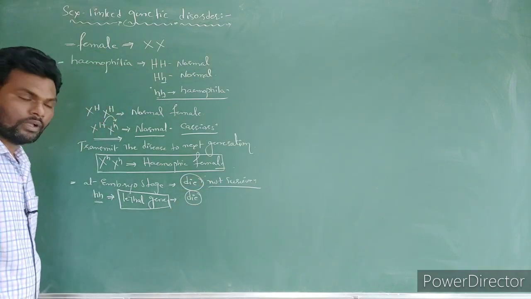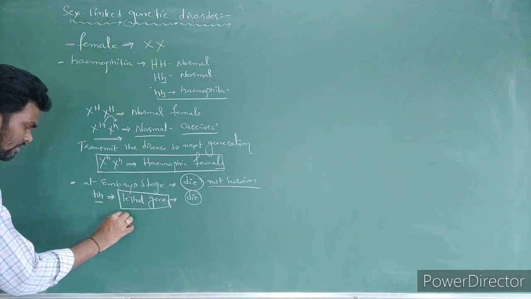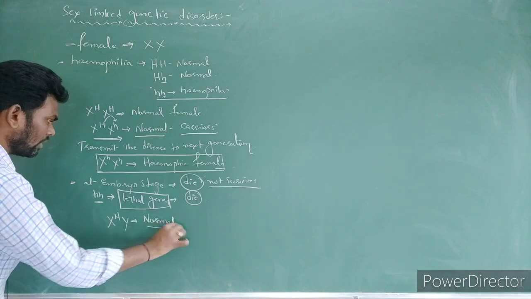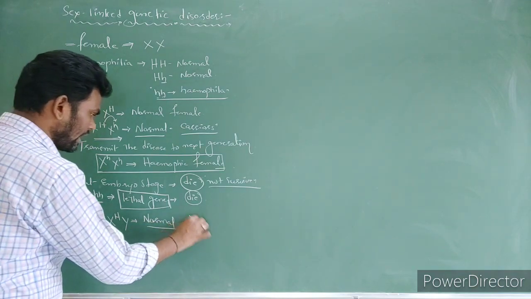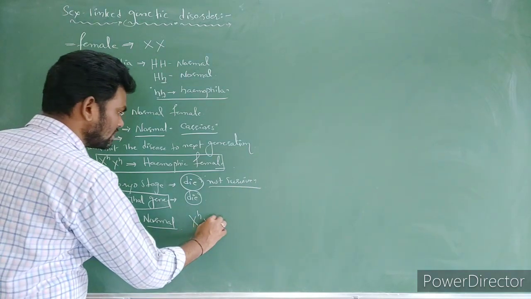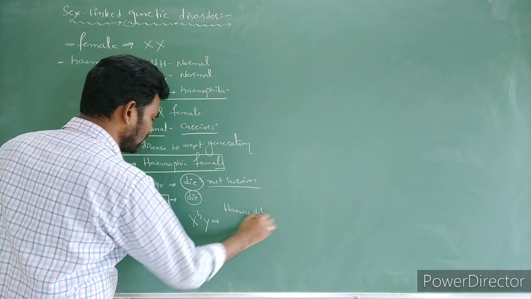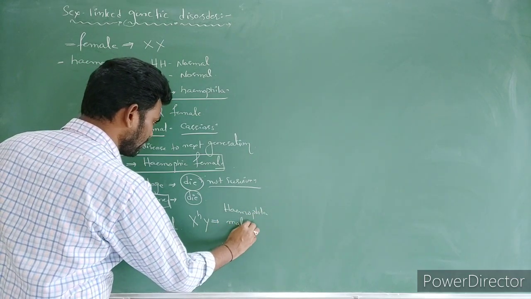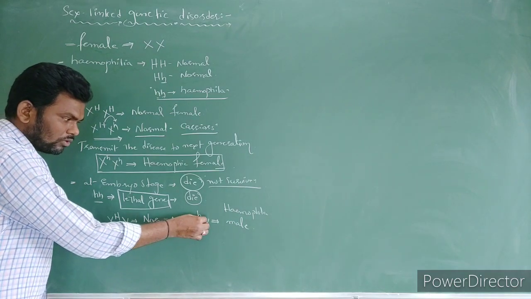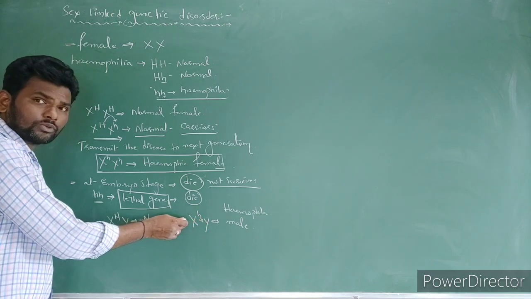so that's why the individual is going to die. In case of male, what happened? In case of male, X H and Y is normal, and here X small h and Y is hemophilia male, right? Why? Because there is one single H and no homologous chromosome for the X chromosome.